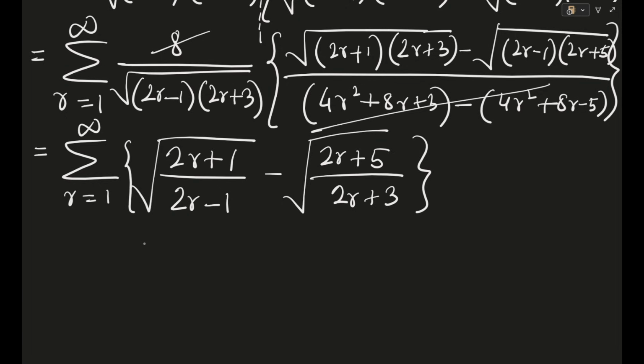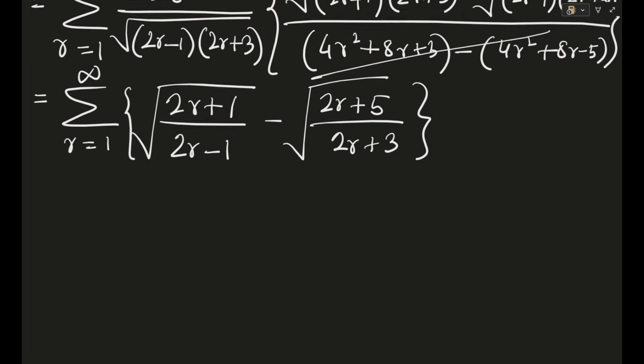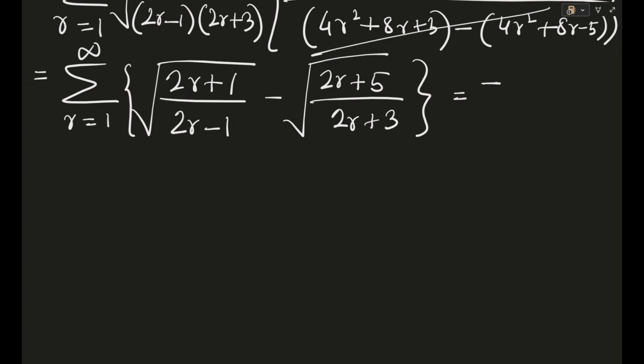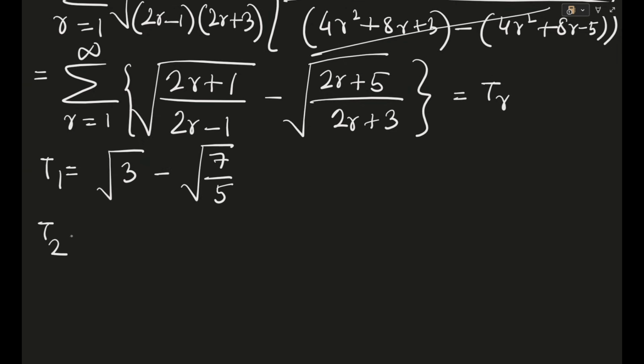So if we try to write down the respective terms, because this is our Tr, let's write down. T1 is coming out to be root 3 minus of root 7 by 5. T2 will come out to be root 5 by 3 minus root 9 by 7.